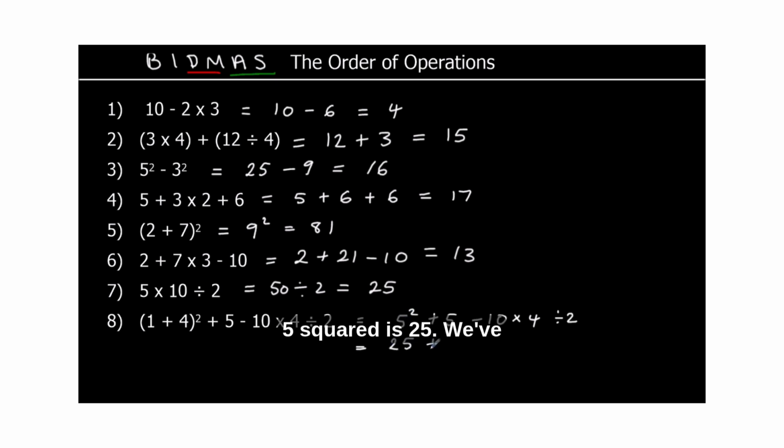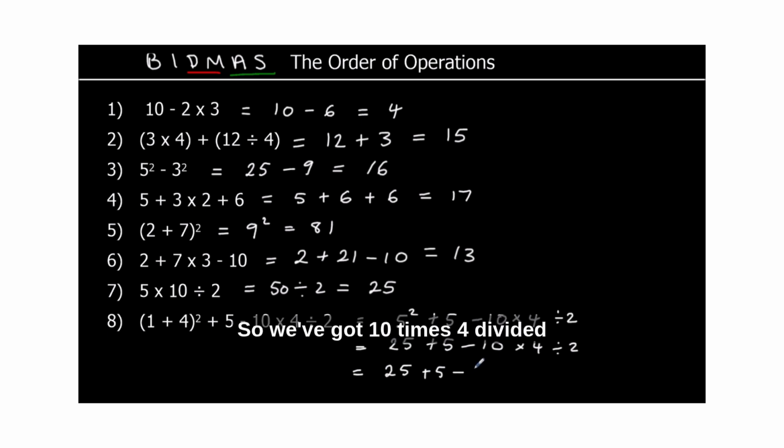So we've got 25 plus 5 minus 10 times 4 divided by 2. Division and multiplication, we've got both of them. So we'll do them at the same time. So we've got 10 times 4 divided by 2. 10 times 4 is 40, divided by 2 is 20.